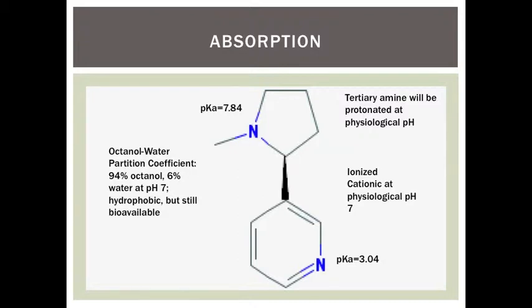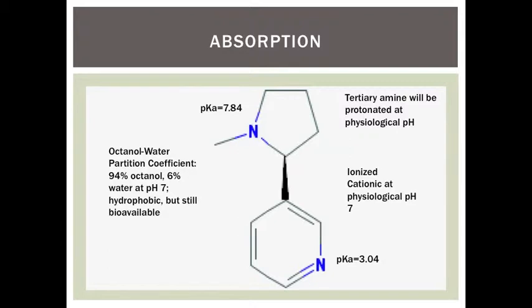Based on the known pKa values of tertiary amines and pyridine, the pyridine will have the lower pKa value of 3.04 and the tertiary amine will have the higher pKa value of 7.84. The tertiary amine will thus be protonated and cationic at physiological pH 7. The pyridine will be deprotonated and will remain neutral. Overall, the molecule will be cationic.